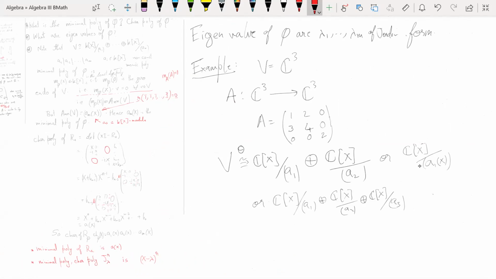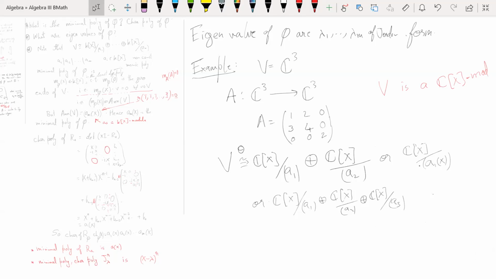Of course, then we know that V is a C[X]-module, on which X acts by X dot v equals Av. By the structure theorem, V is going to be isomorphic to something like this.